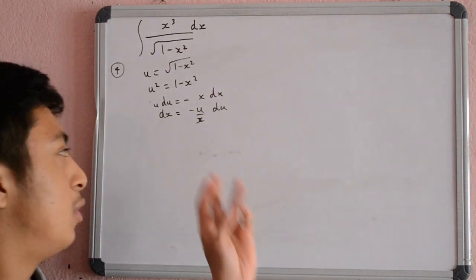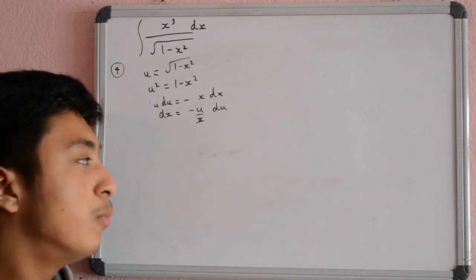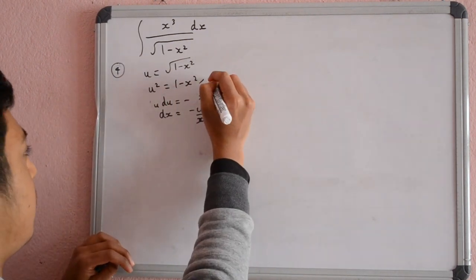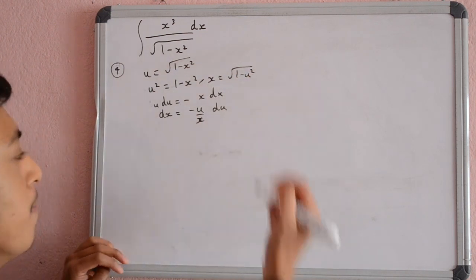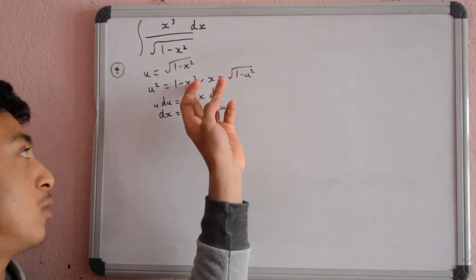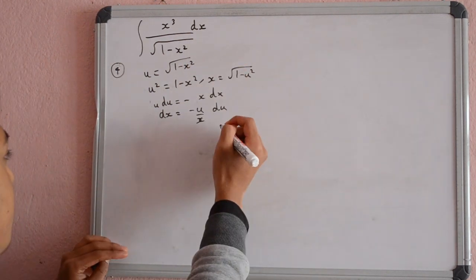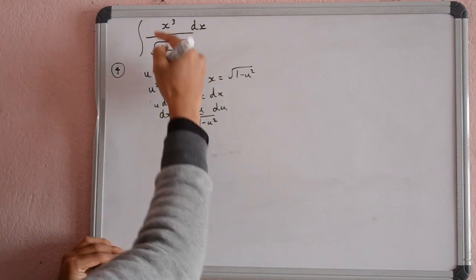But here we don't want to see the x with du, we want to see x in terms of u. So let's go over here, and here x is equal to root 1 minus u square, right? Just put x square over there, u square over there, root both sides. Now just replace that as 1 minus u square.